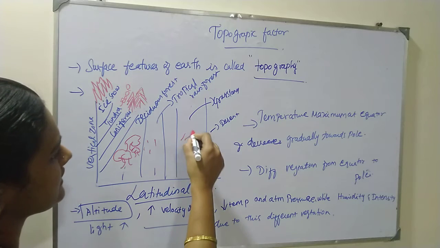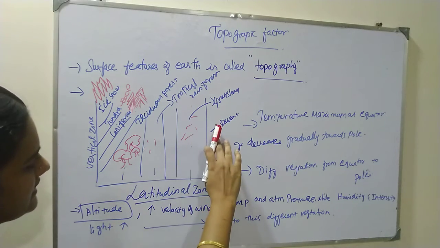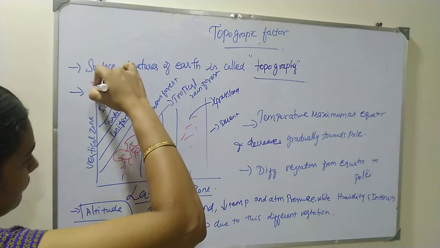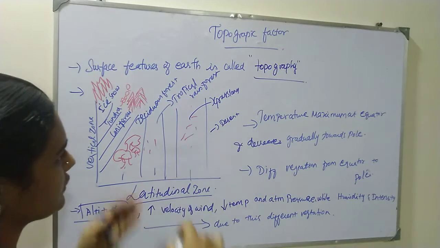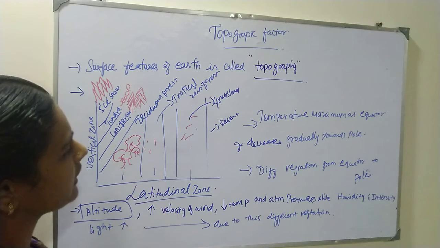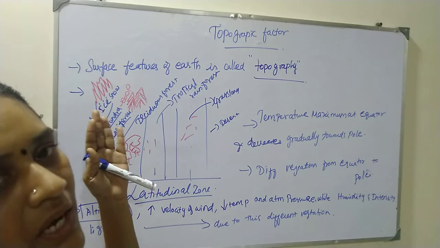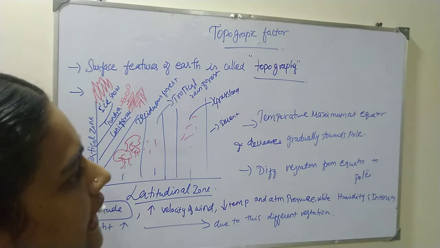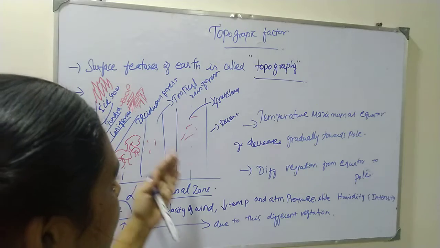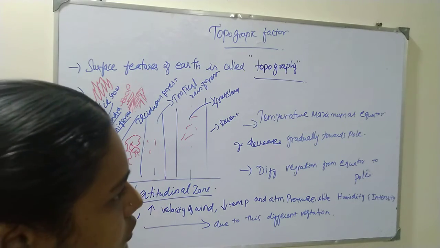Then there are grasslands, and next is desert. From ice and snow to desert, you get all of this through the latitude section. All these different areas differ in temperature, aeration, humidity, and light intensity. Everything varies depending upon these factors, and the growth of plants also differs.